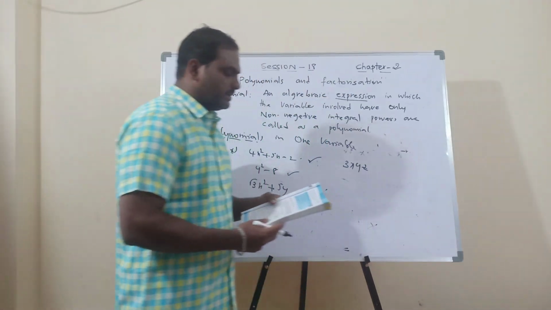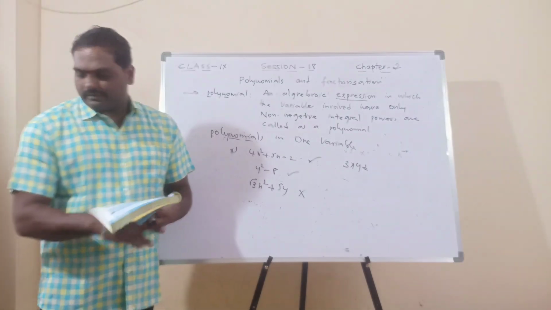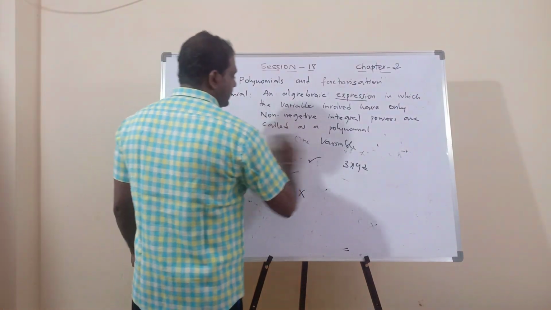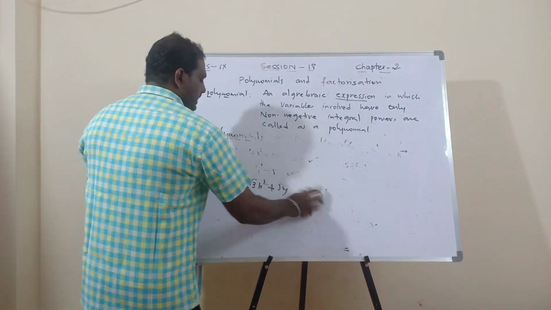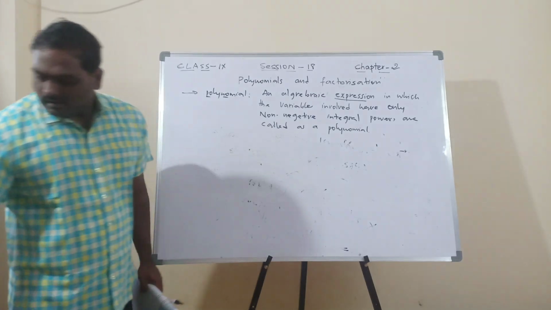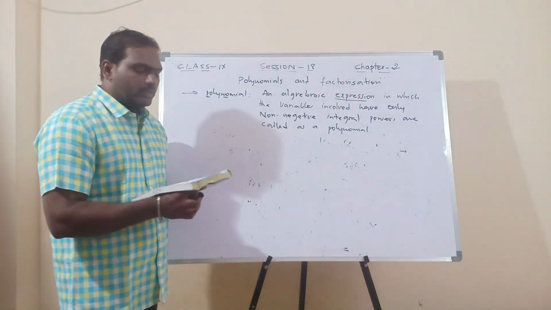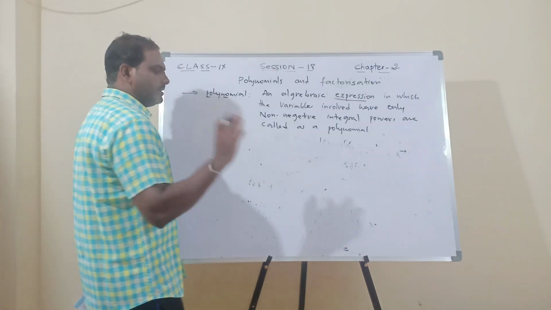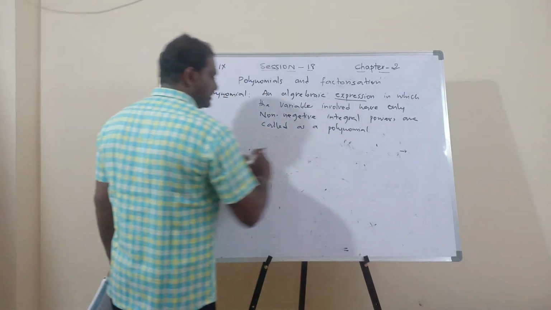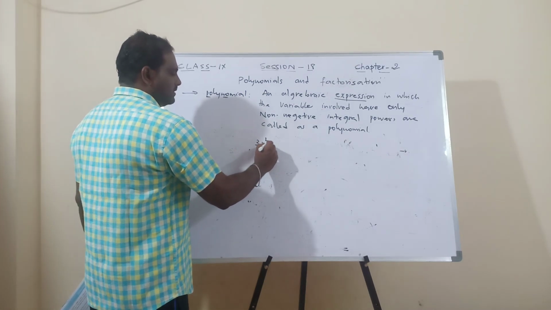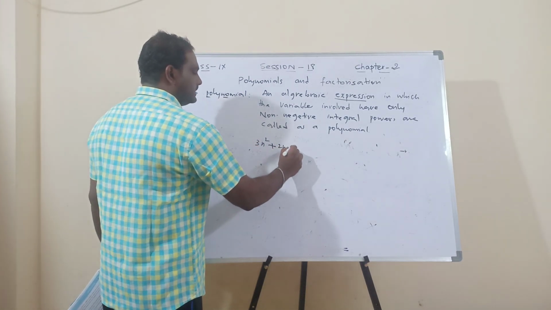Next. So here one point is there. Do this. Page number 29. One task is given. What is the task? You have to write 2 polynomials with variable x. Your wish. So I am writing 3x square plus 2x plus 6.